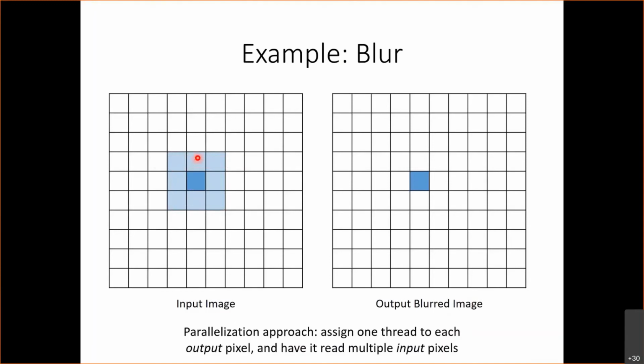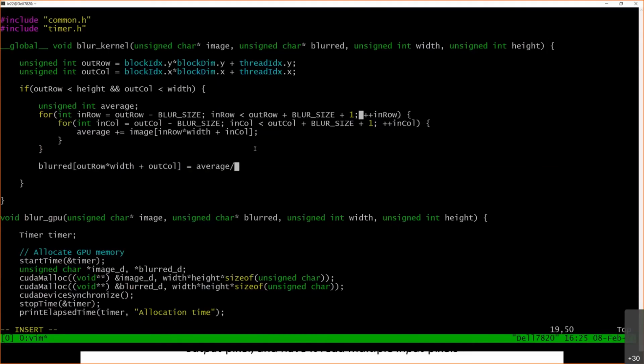And then it's going to be that times itself. So the average is going to be divided by 2 times blur size plus 1, times 2 times blur size plus 1.